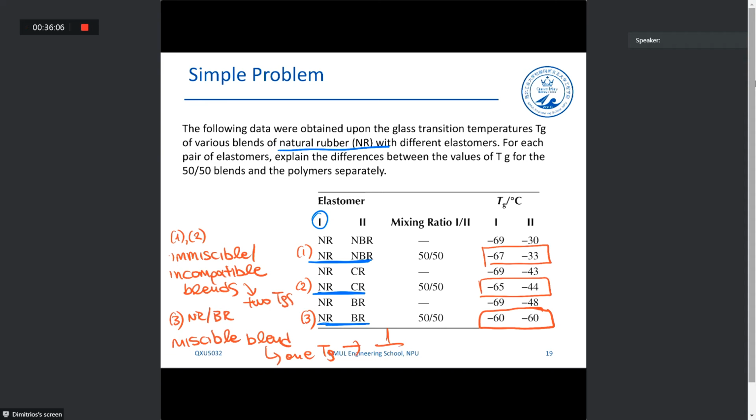And from that, again, I repeat, Tg of the blend equals W1 Tg1 plus W2 Tg2. Very simple.